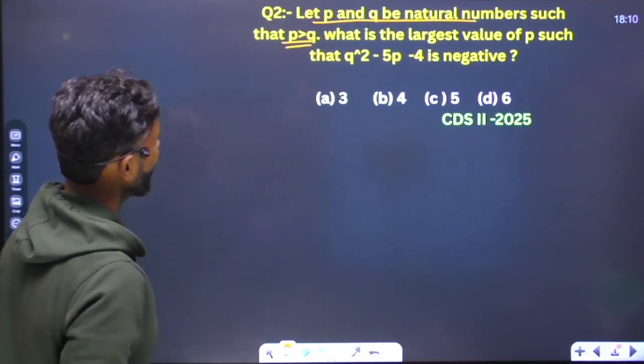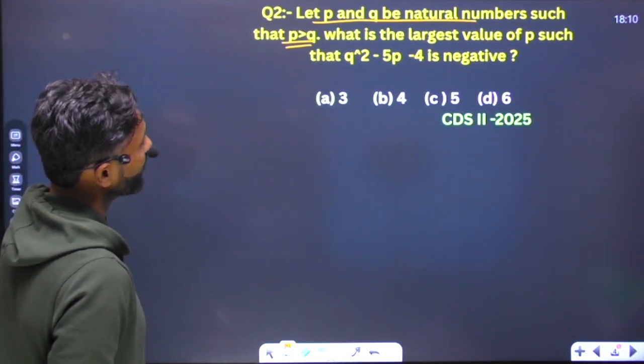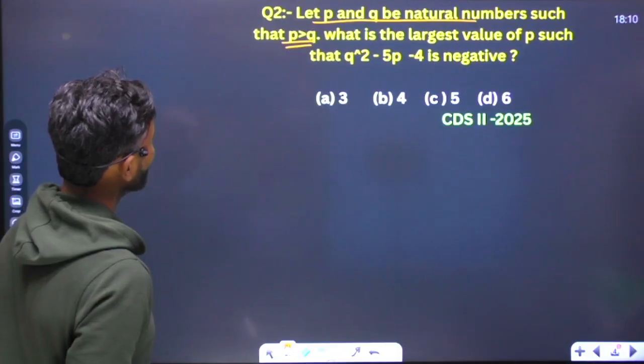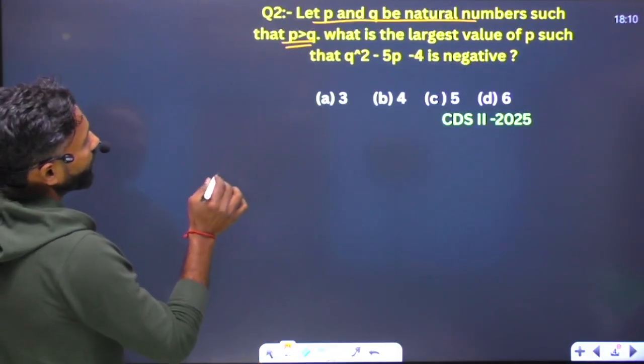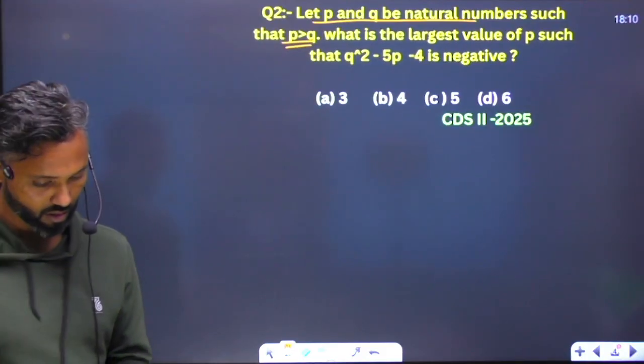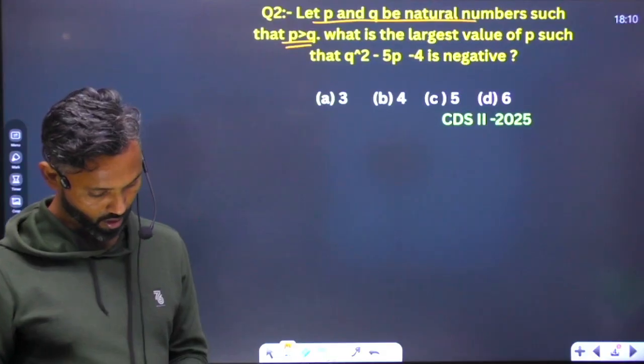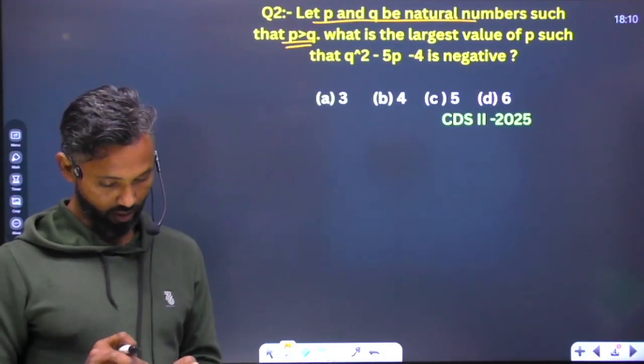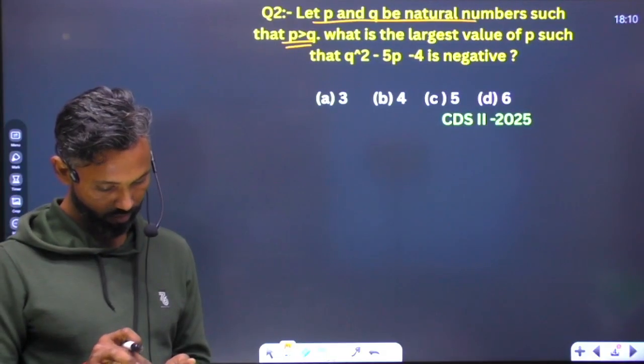So I can say that when the value of p is greater than q, I can say that, just a minute, let me check the question. I think it has some kind of minor mistake in the question.